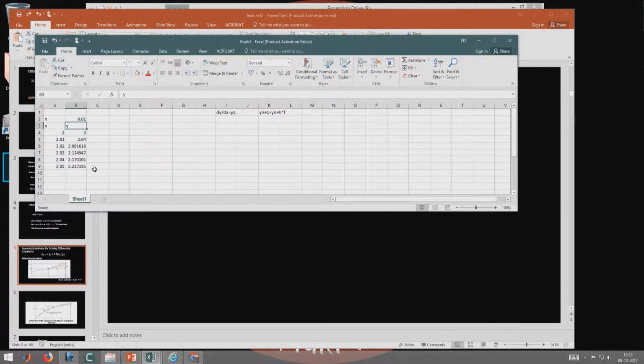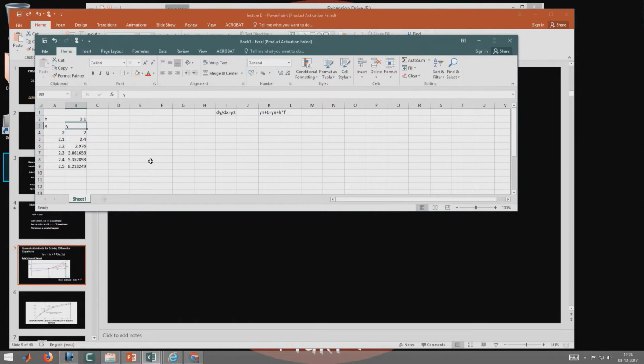You can also check out what is the actual value. So if the step length is very, very small, the rise is small, so it is much more accurate, whereas if I put a larger step length, as you can see here, okay, it rises very fast and the system can become very unstable.